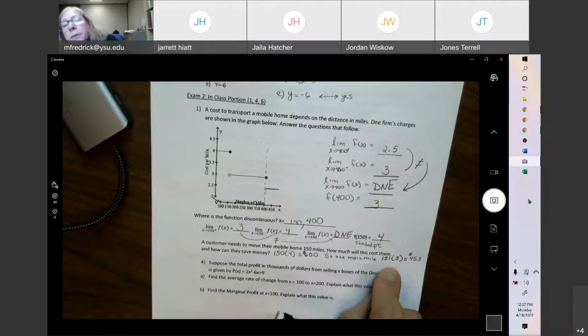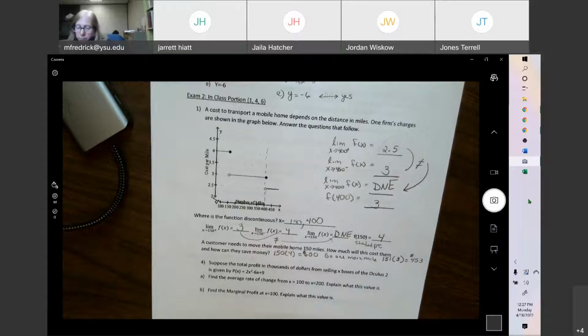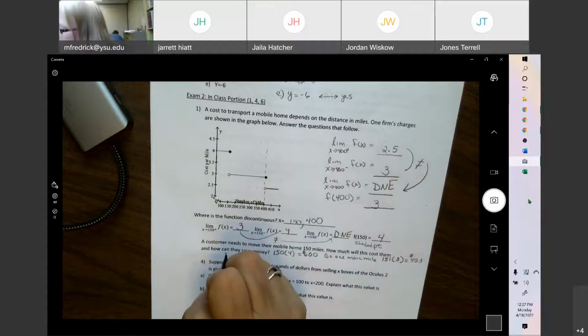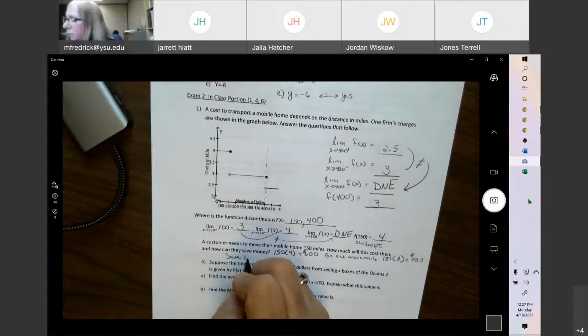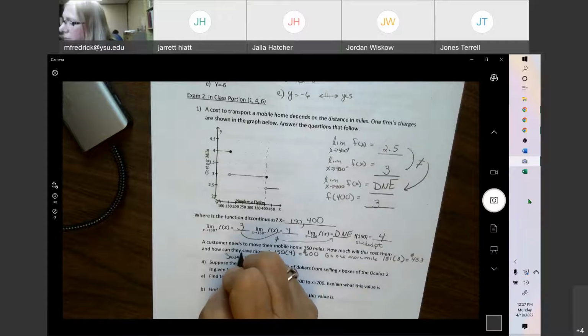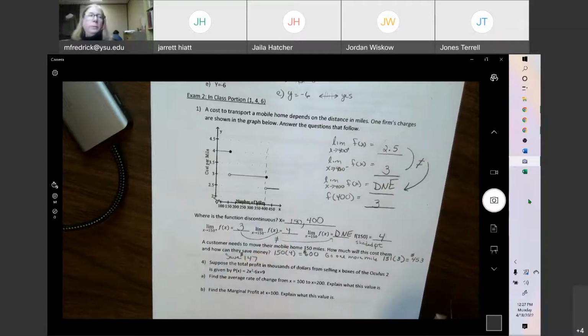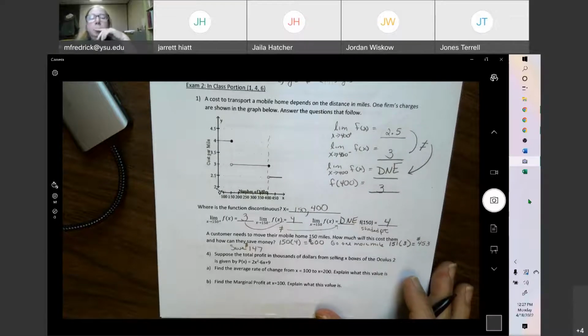So if they go 151 miles, it's only costing them $453, which saves them $147. So you'd tell them to drive an extra mile. Any questions on that?